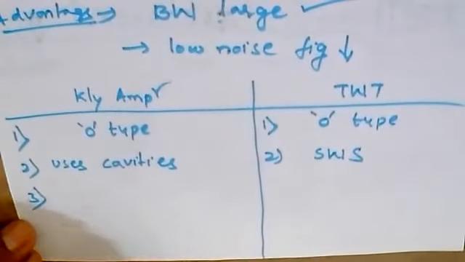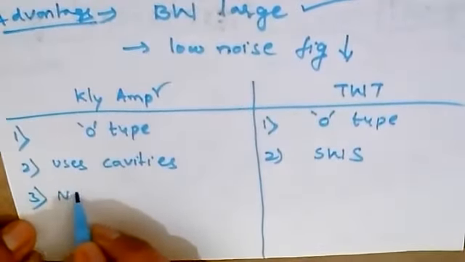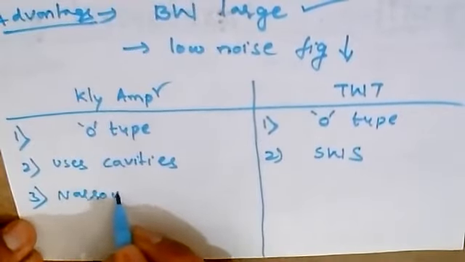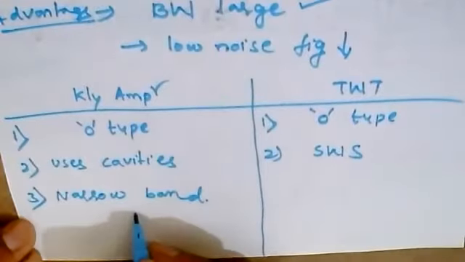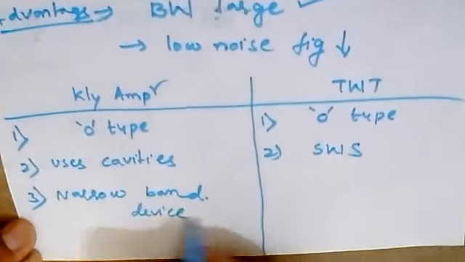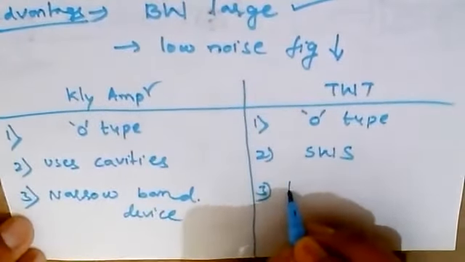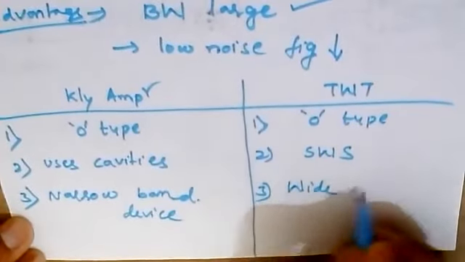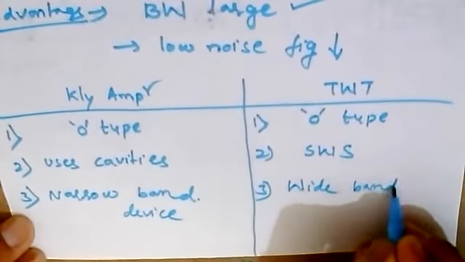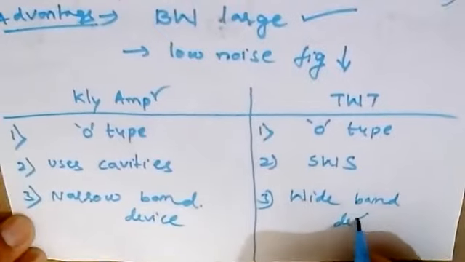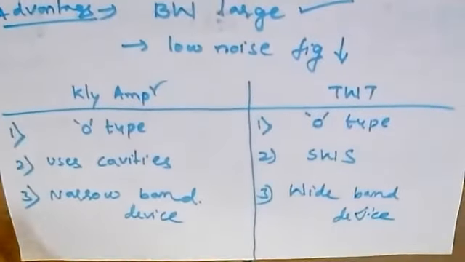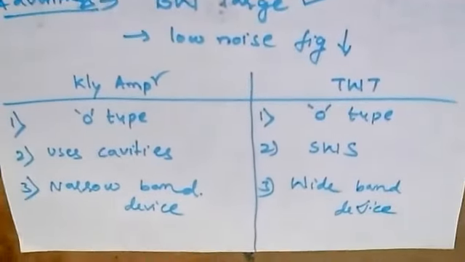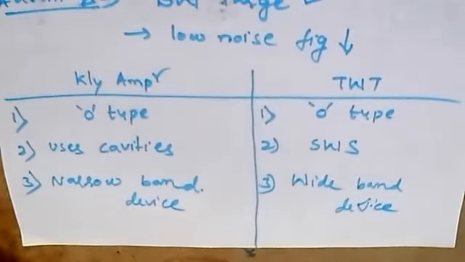The third point is that the klystron is a narrow band device, whereas the traveling wave tube is a wide band device. So these are the few differences between the klystron amplifier and the traveling wave tube.